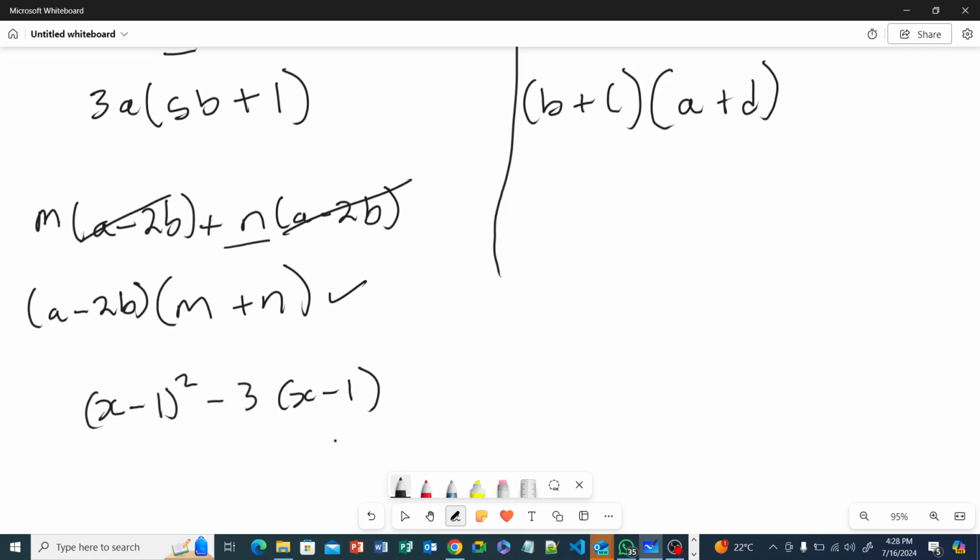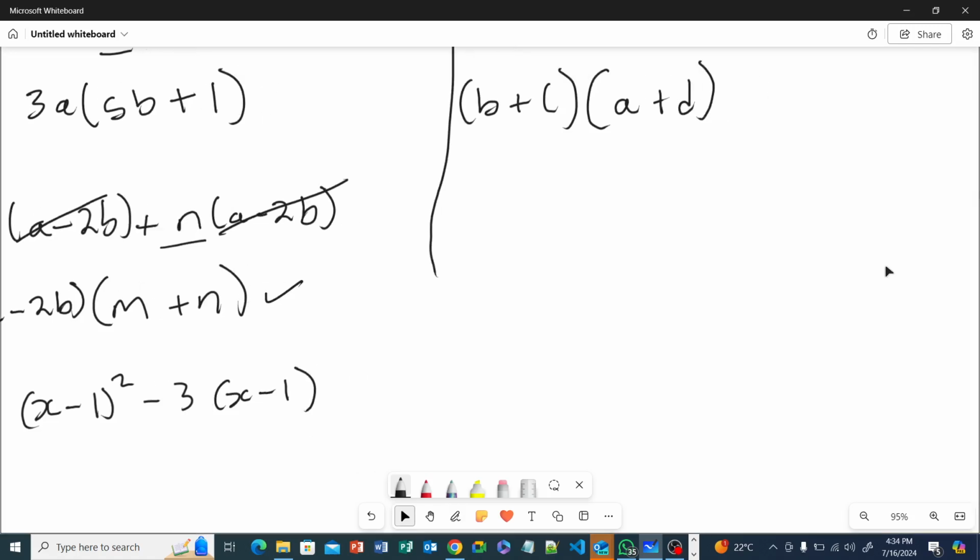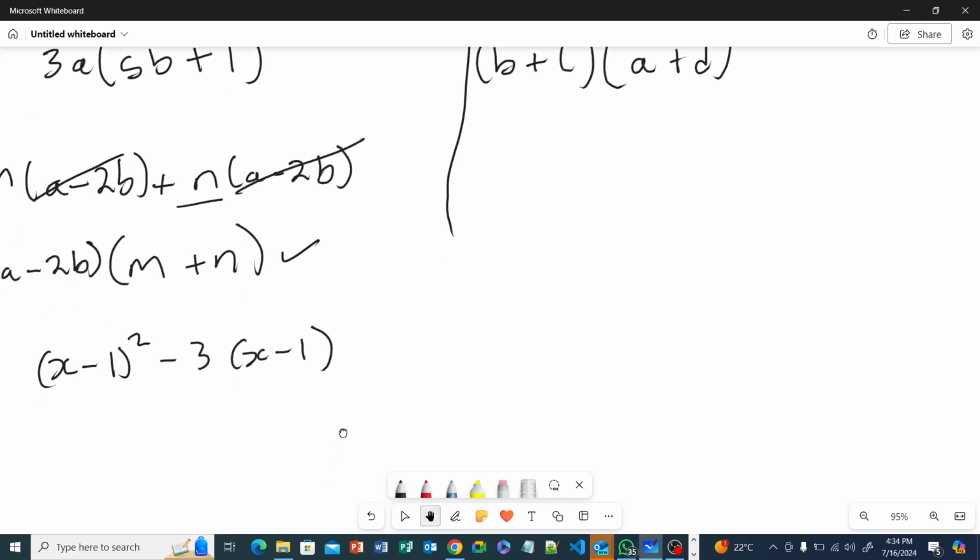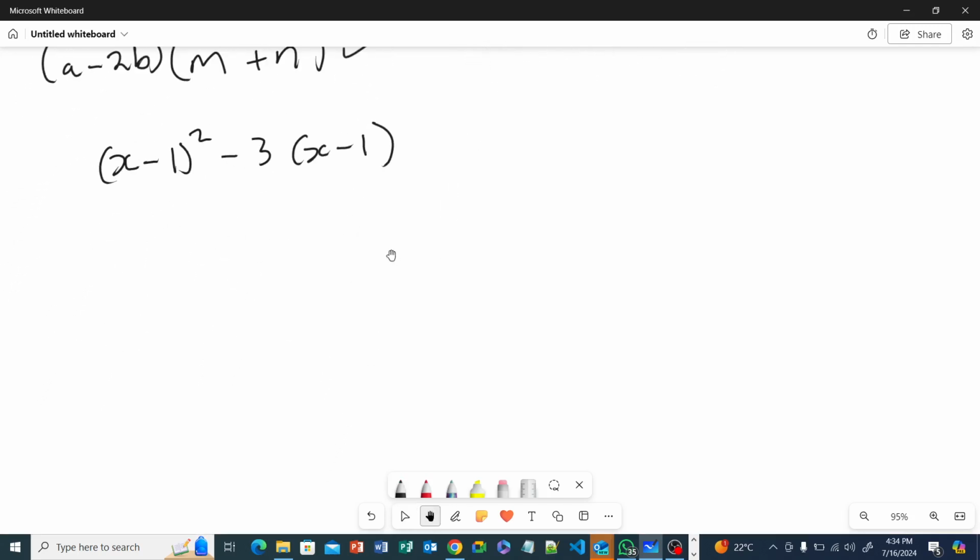How do you think you are going to solve this? To solve this, you need to take out the common factor. Always when you factorize, guys, you need to take out the highest common factor. So what is the highest common factor between the two terms? It's x minus 1.